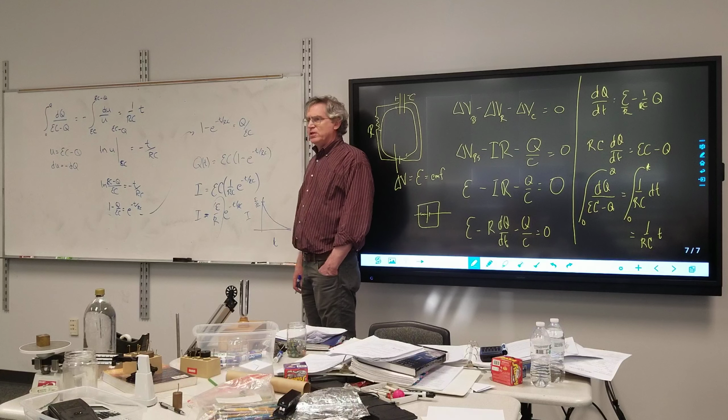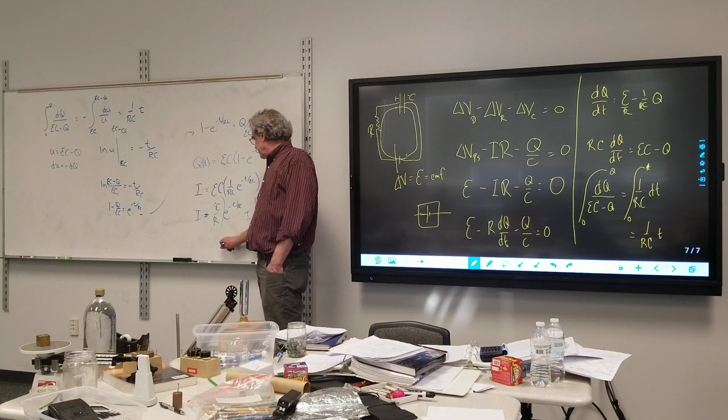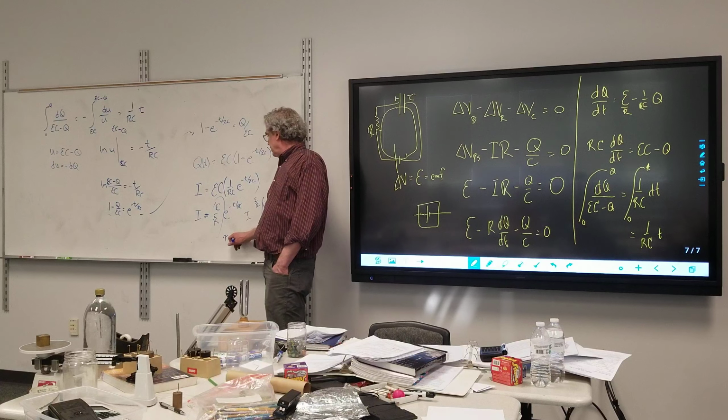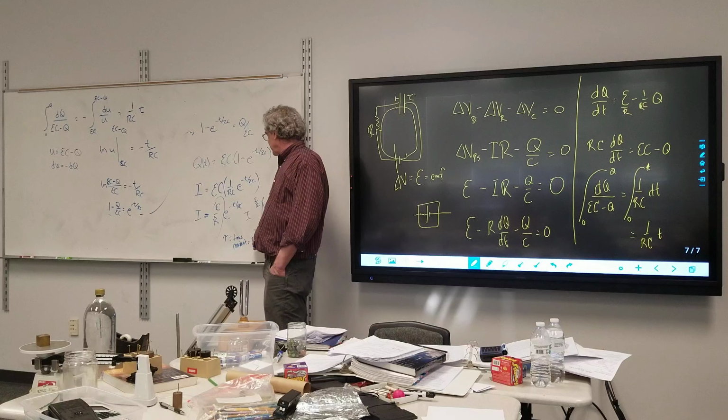Since we're dealing with an exponential decay, there are certain factors that are generally considered. There's a different tau, not the mean free time. This is the time constant for this RC circuit, and that's equal to RC.